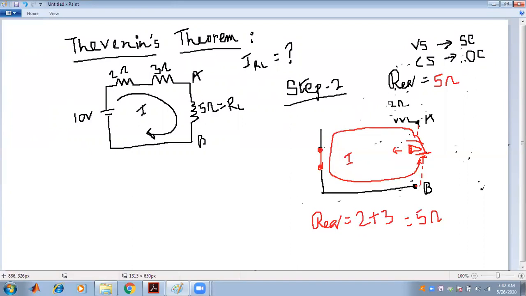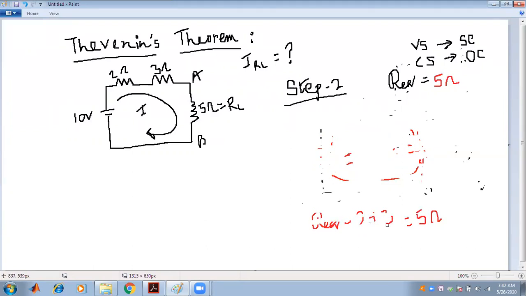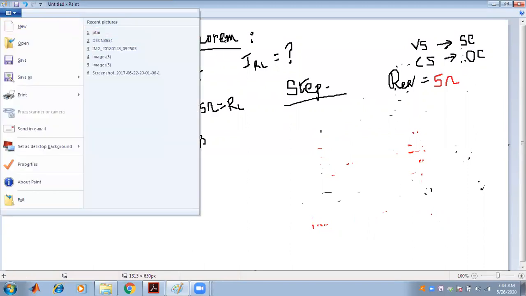Now we are moving towards step number 3.